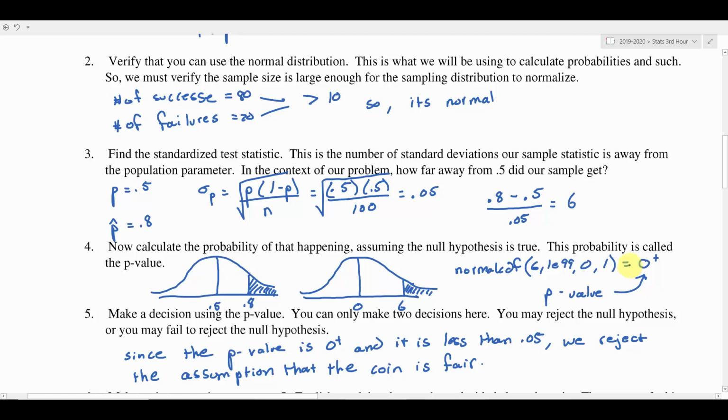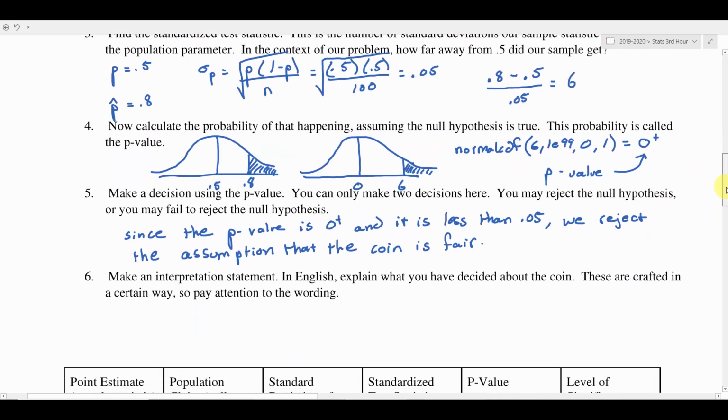Scientists will change that significance level depending on their needs. So they might have a significance level of 10% or 5% or even 1% when they want to be really, really sure. But ours was so small that with any of those boundaries, we would have ended up rejecting the idea that this coin was fair based on this probability that we got here.